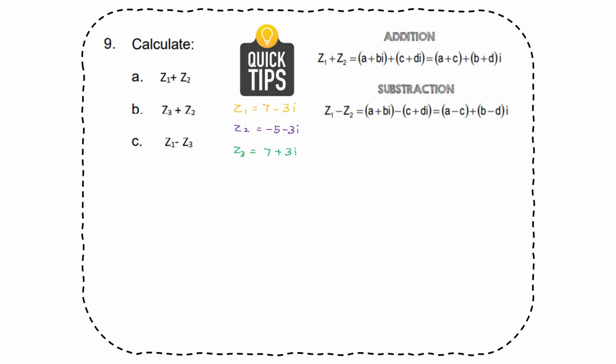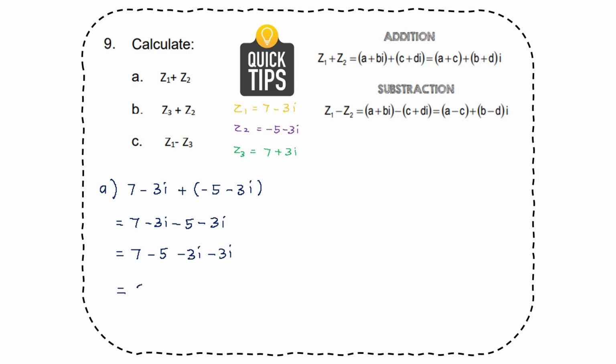For question 9, it will be referred to the answer of question 8. So your answer for question A will be Z1, which is 7 minus 3i plus negative 5 minus 3i, and it can be 7 minus 3i minus 5 minus 3i, 7 minus 5 minus 3i minus 3i, and the answer will be 2 minus 6i.